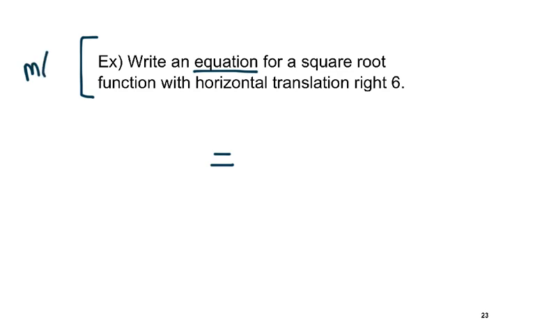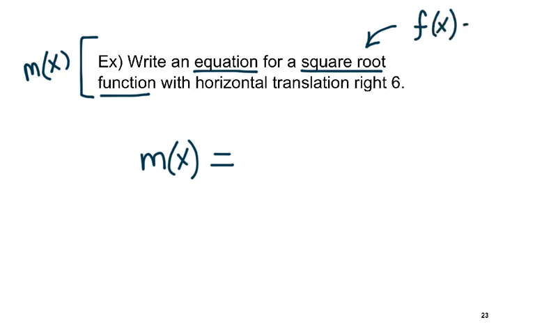m of x. Okay, so I'm going to write on the left-hand side my new function name. And I'm looking for the square root function. Well, that's telling me that my parent function that I'm going to use is going to be the square root of x. So I can even write the square root of x down in my function just to get me started.